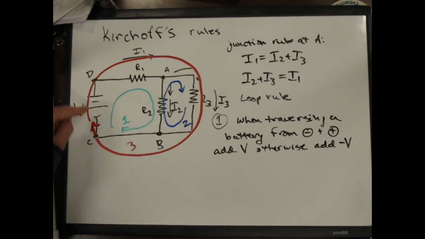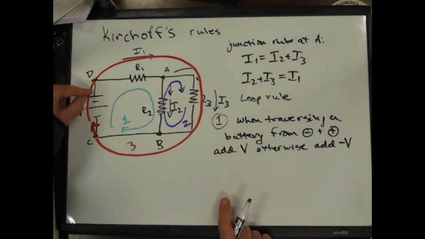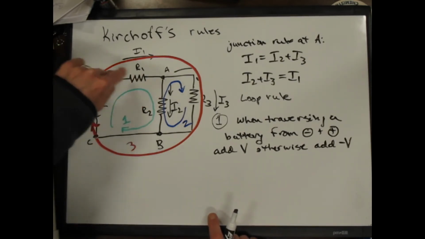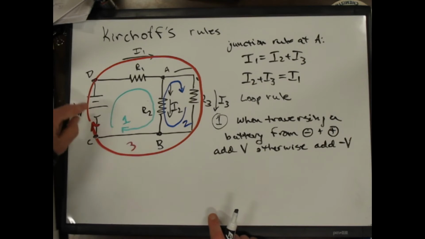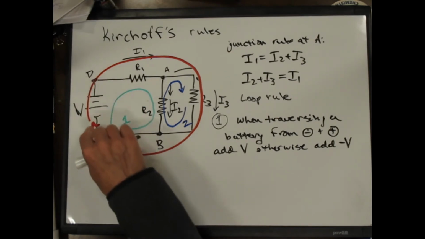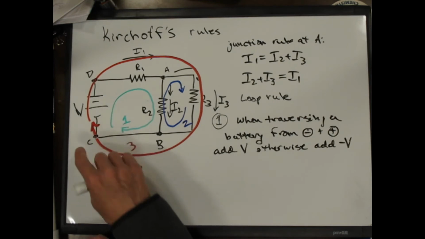The change in electric potential going from C to D, I'm going across a battery from the short line to the long line, which means from negative to positive. And so I would add V. If I were going the other way around this loop, I would add a negative V. Your electric potential increases when you're going up a battery, from negative to positive, and it decreases, minus V, when you're going from positive to negative.